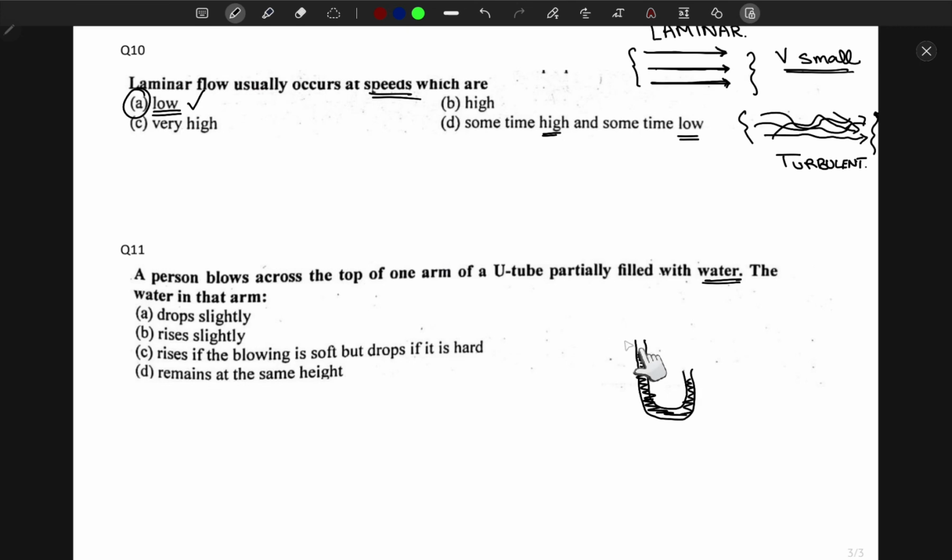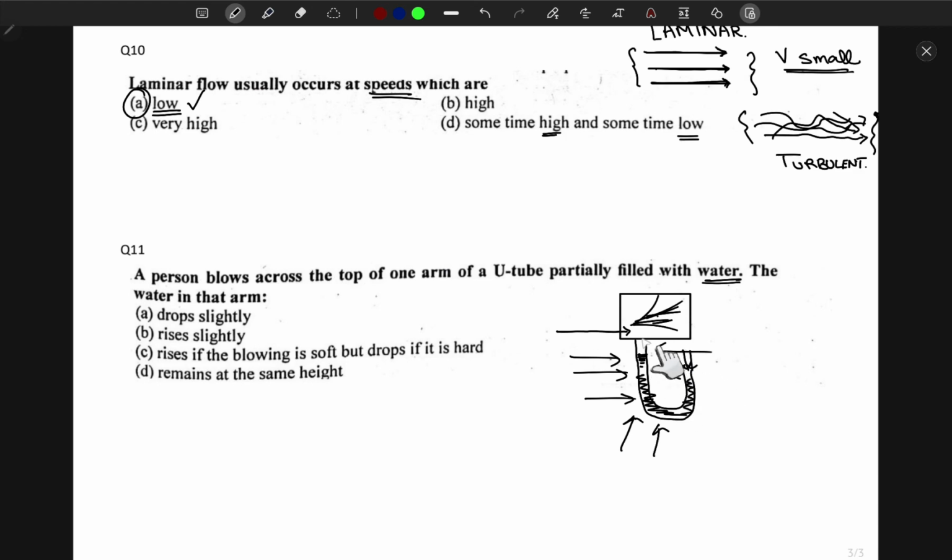Now if a person blows across, for example, let's say this arm, what happens is that there would be some air in this region, right? As soon as he blows across this, he creates a partial vacuum in this area. The atmospheric pressure acts from all sides, right? And because this is open from here, it's acting from here as well.